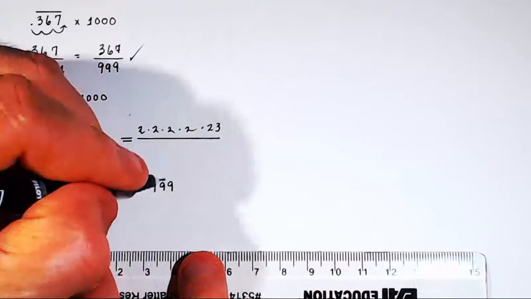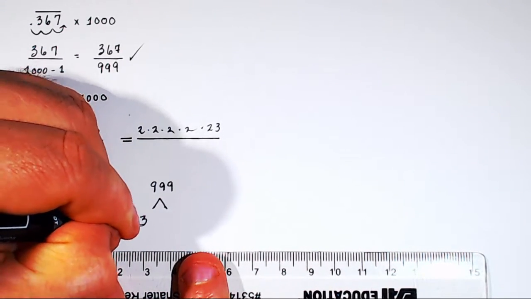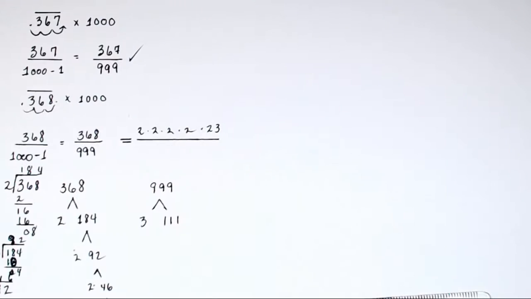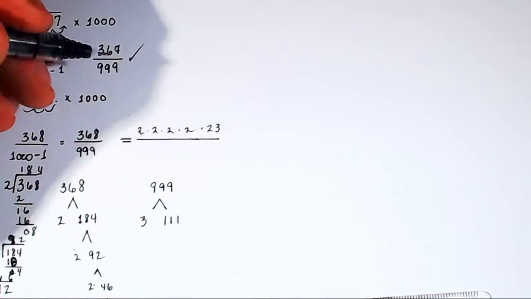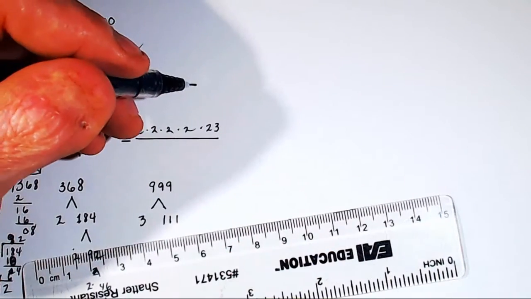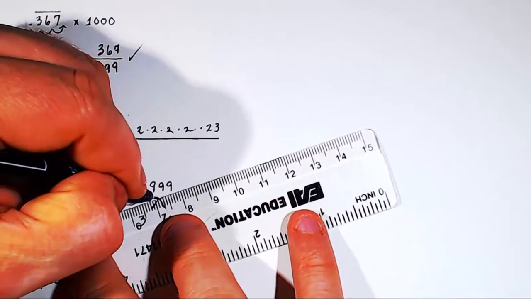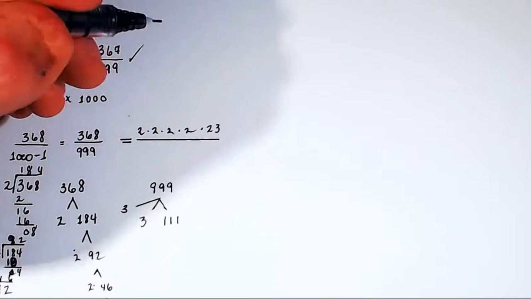We can do this one kind of in our heads. That would be 3 times 333, right? So 3 times 3 times 3 times 111.